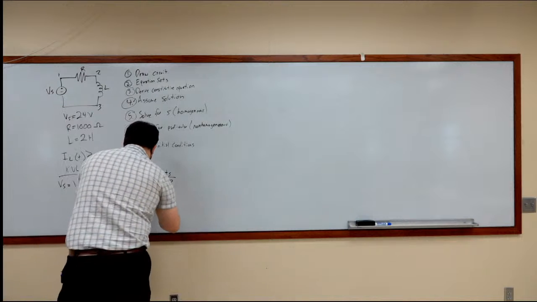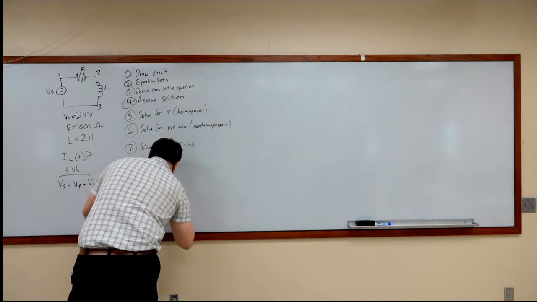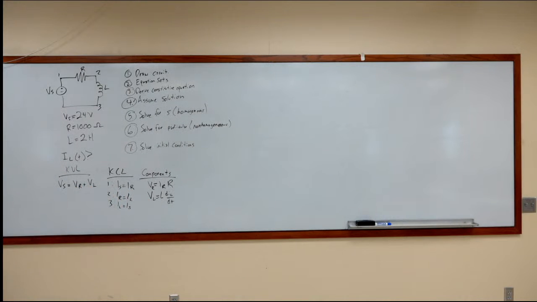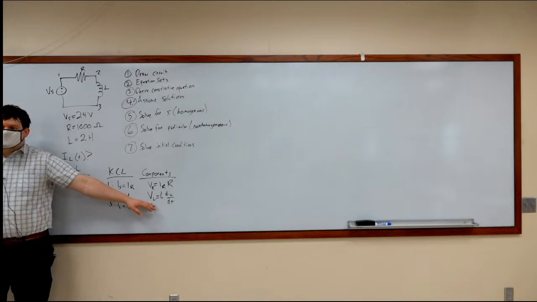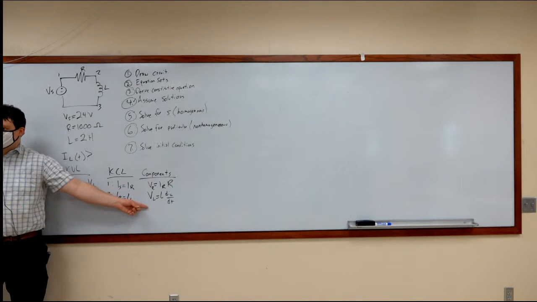This one is VL is equal to L dIL/dt. The voltage across the inductor is equal to the inductance L times the derivative of the current through the inductor. Okay? Because we have an inductor, this is why this equation is here. You'll notice this isn't the capacitance equation.